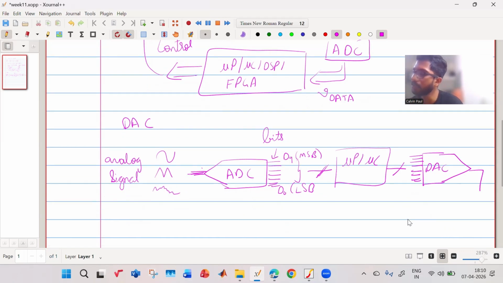And then this will be your reconstructed signal. So this is how you have a DAC and an ADC.